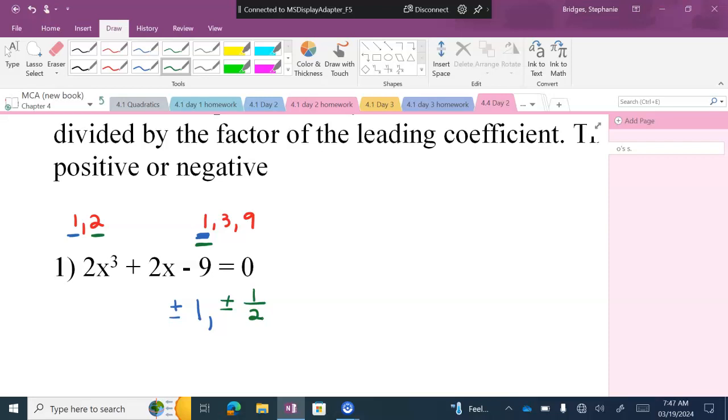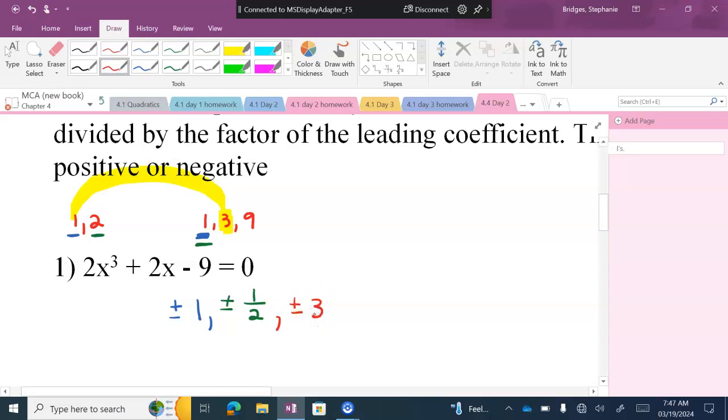Now, I've taken the 1 for the 9, and I've divided it by both of the factors of my leading coefficient. I divided it by 1, and I divided it by 2. So then I'm going to repeat the process, this time with the 3. I'm going to go 3 divided by 1. What's 3 divided by 1? 3.